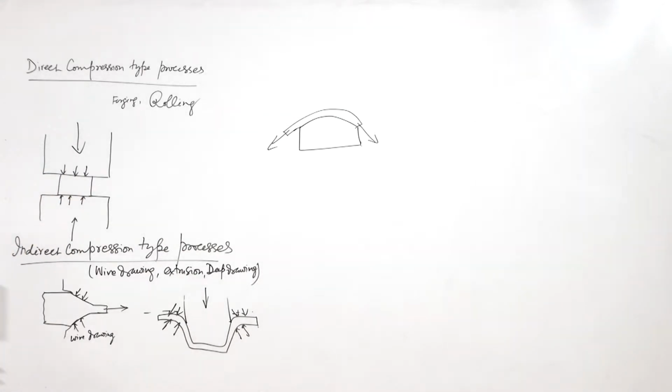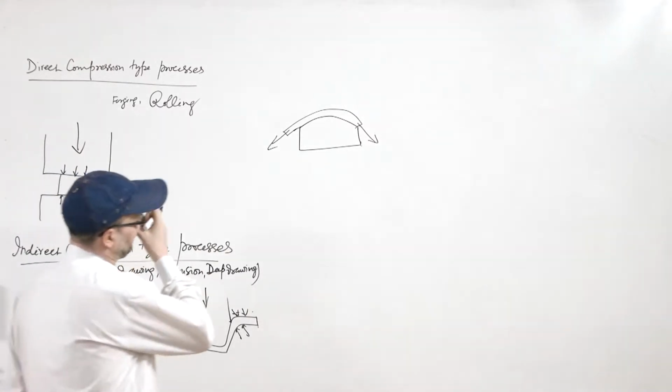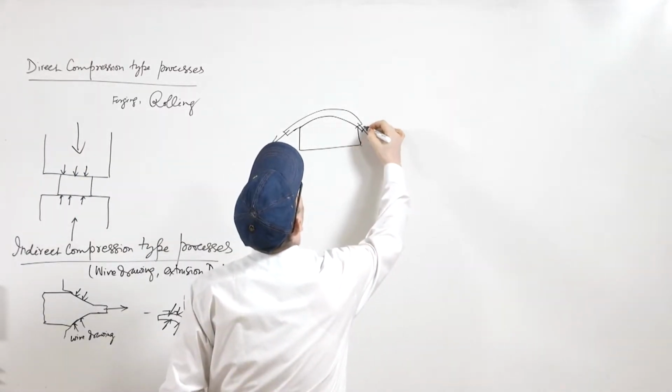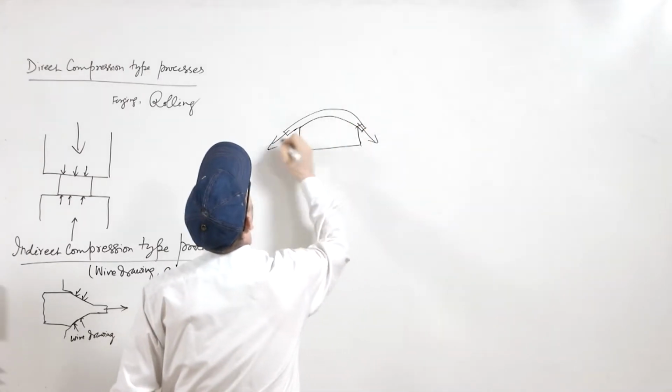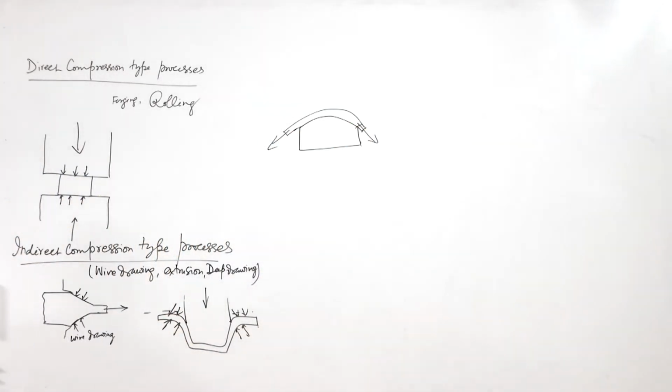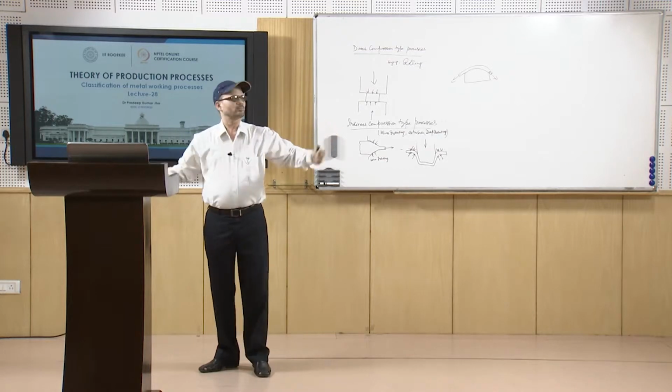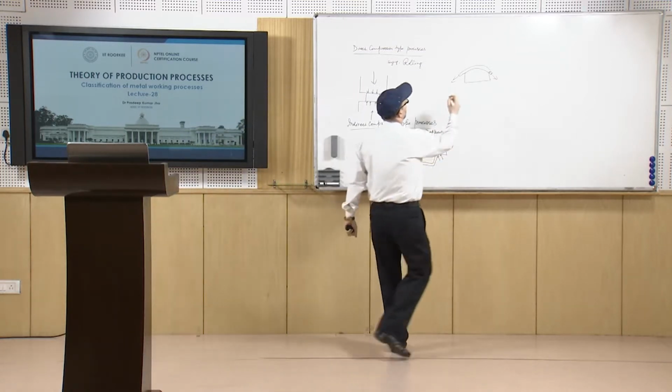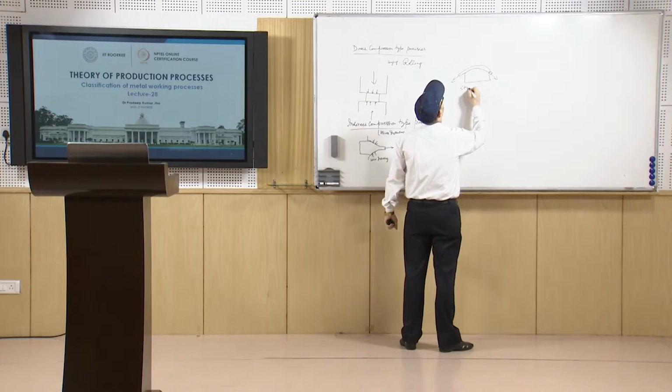So your sheet will be like this, and then you apply the forces like this. Once you apply the forces, it will go like this, and then you apply these forces, and this way it stretches. So this is known as stretch forming.